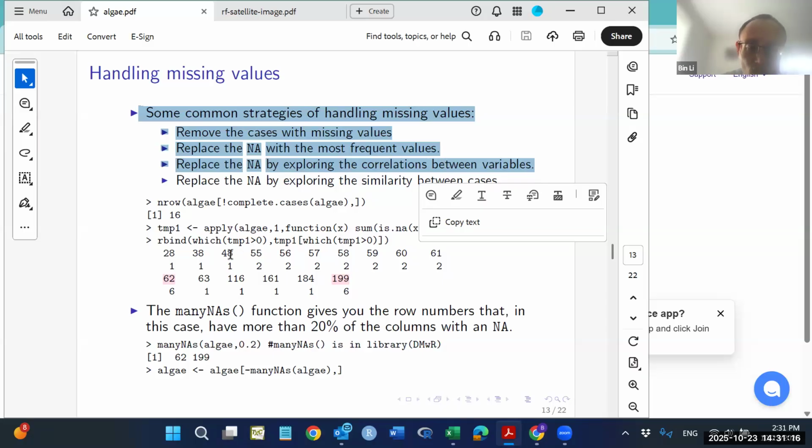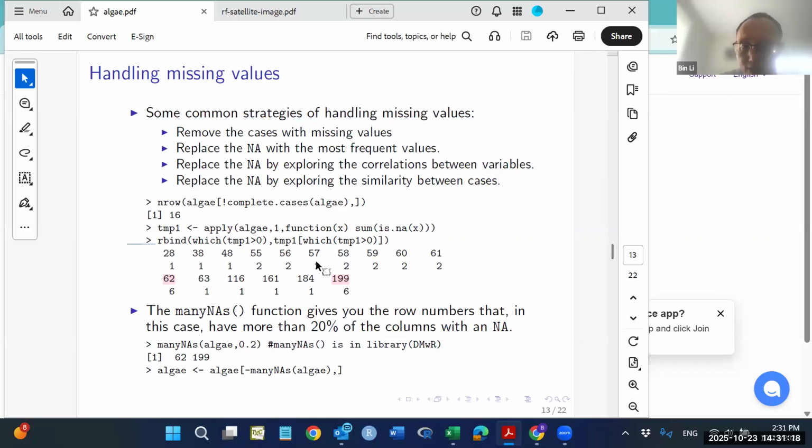Okay, so here for this training set, we have 200 observations. First, I use an apply function, and then I showed these are the samples that have missing values. So you can see the 28th observation has 1 missing value, 38th 1, 48th 1, 55th 2 missing values.